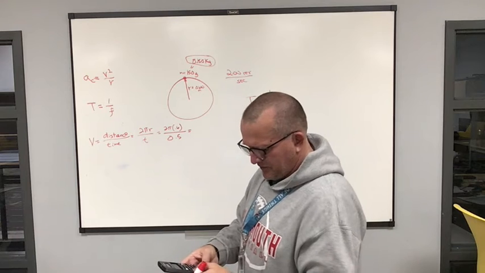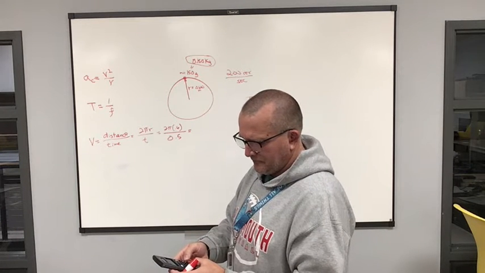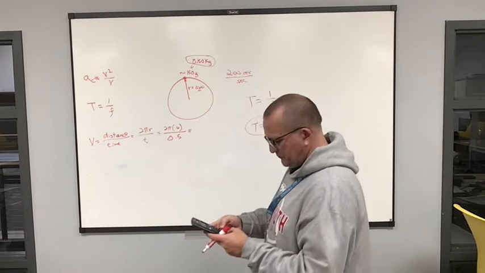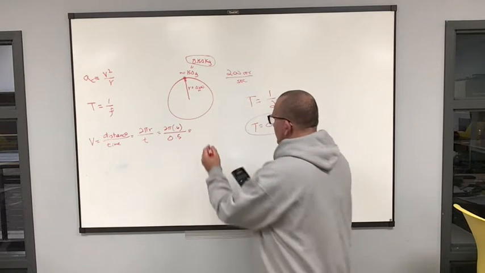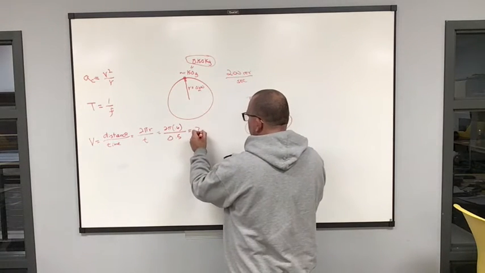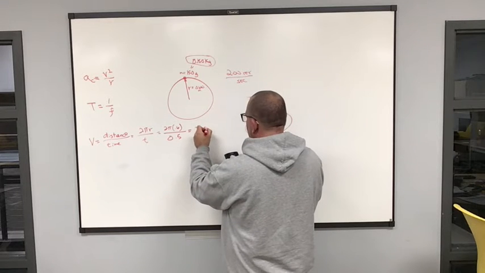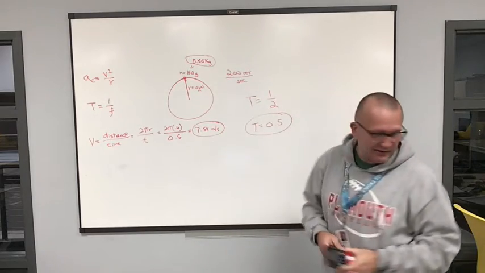We got 2 pi times 0.6 divided by 0.5. I get 7.54, that's 3 sig figs. I'll stay at 3 sig figs. 7.54 meters per second. So that's going to be my velocity in meters per second.